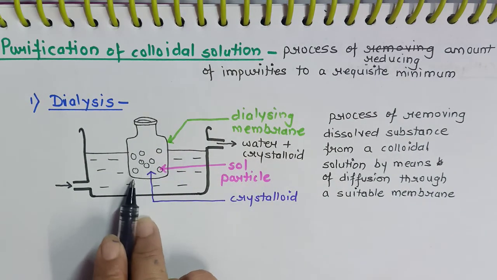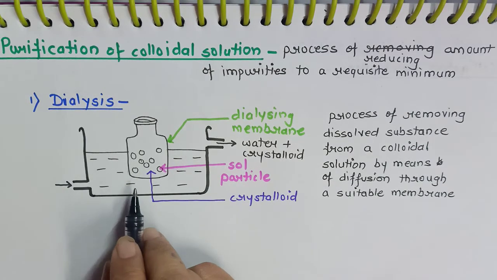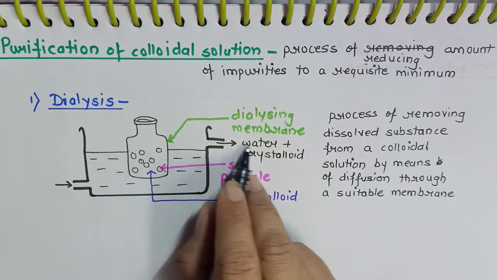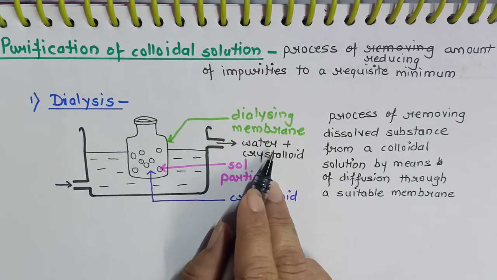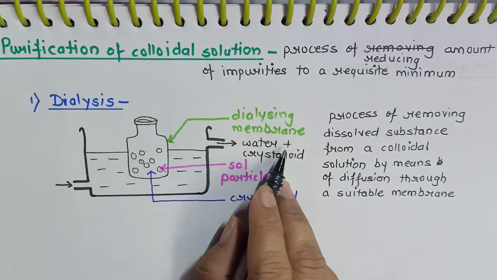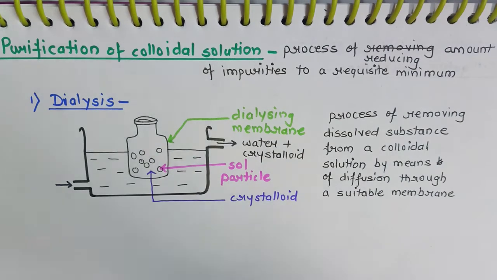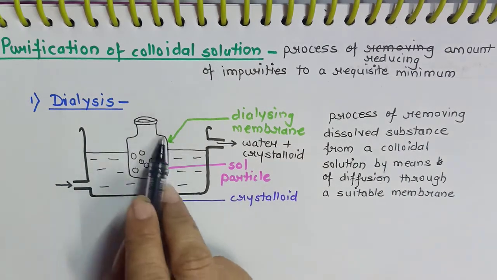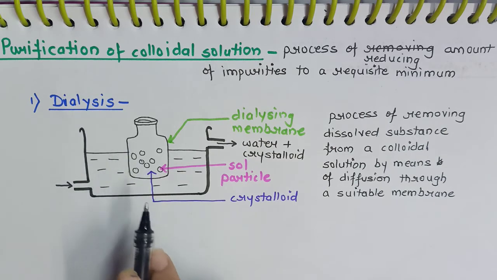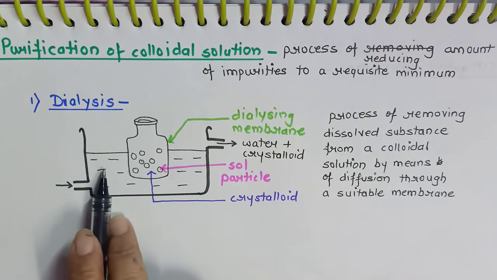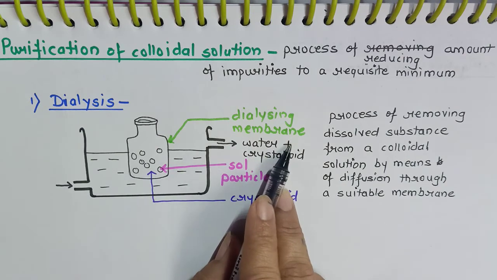The impurities will come out of this dialyzing membrane and will be removed through the water outlet. There is one inlet and the other is the water outlet. So when the process is complete, only the pure sol particles will be left in the dialyzing membrane, and the crystalloids or the impurities will be removed through this process.